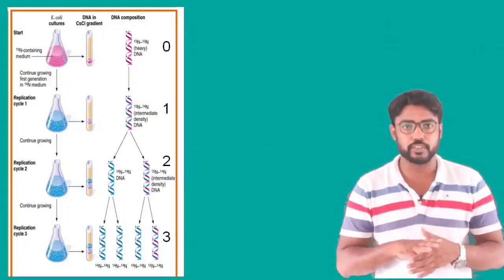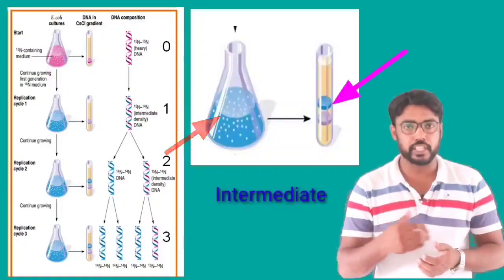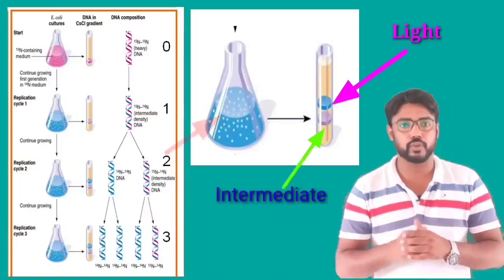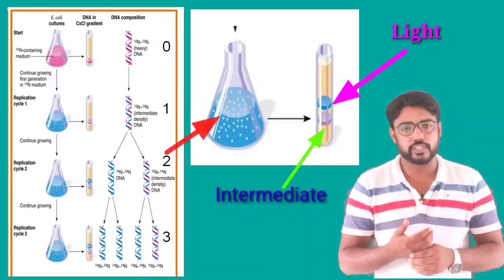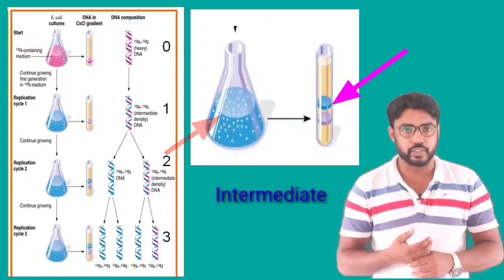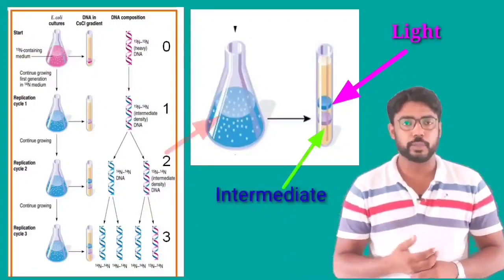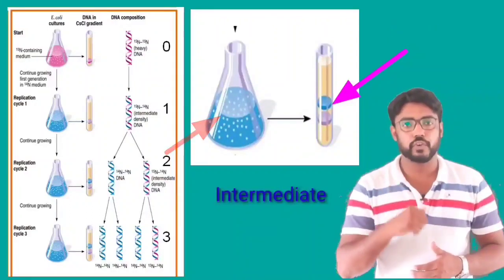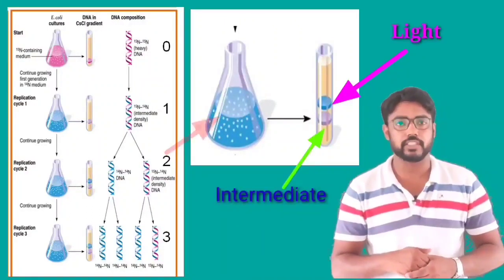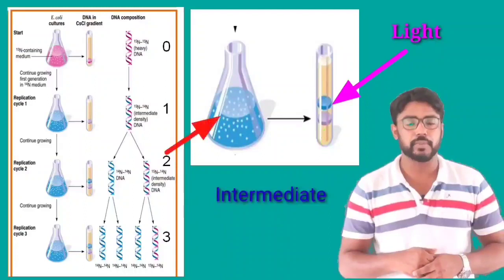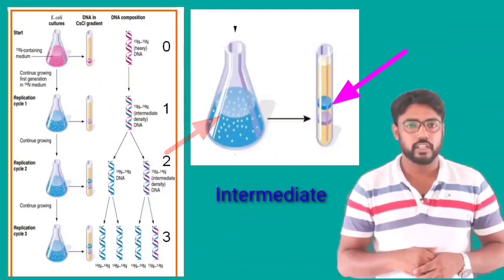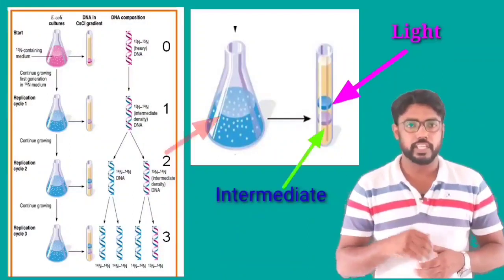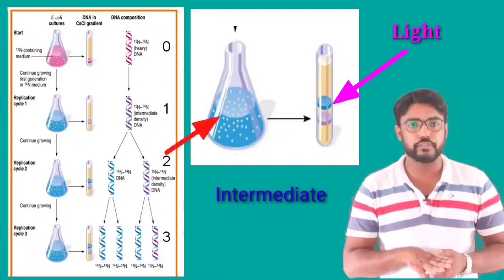The first generation band was the middle band. After that, they allowed this first generation bacteria to grow for a second generation. Second generation means the bacteria underwent two cycles of replication in N14 medium. They purified the DNA and examined it by cesium chloride centrifugation.